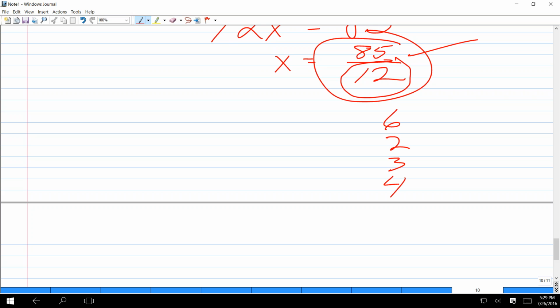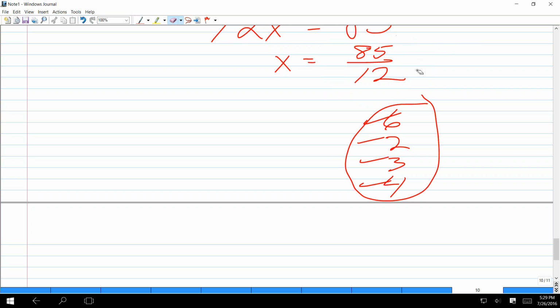So in order to simplify, all I have to decide is, is 85 divisible by any of those four numbers? Certainly it's not divisible by 2, by 3, by 4, and is not divisible by 6. That means I can't simplify this. That 85 twelfths is as low as it's going.